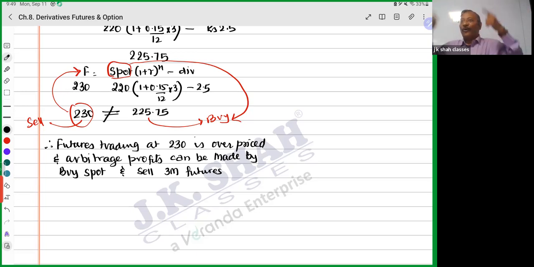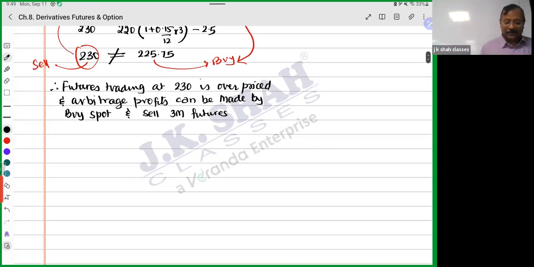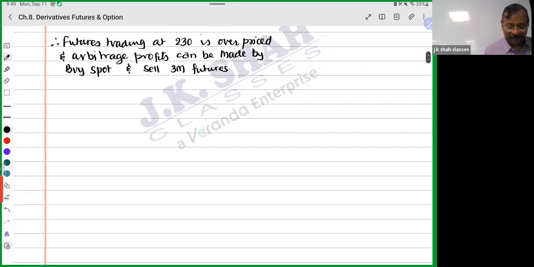So on expiry date, again I will enter into 2 transactions: in the equity market, a sell, and in the futures market, a buy. Profit and loss will come, and after both, I should be left with ₹4.25. Have you all understood the sequence? Okay. Now, let's see how this works.